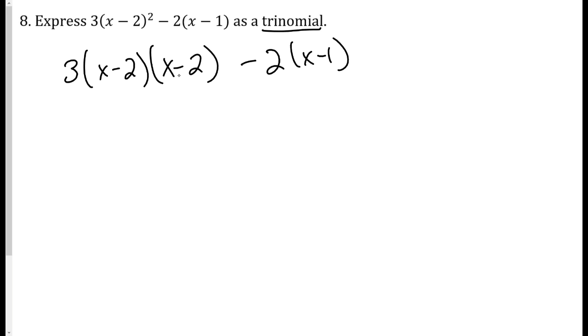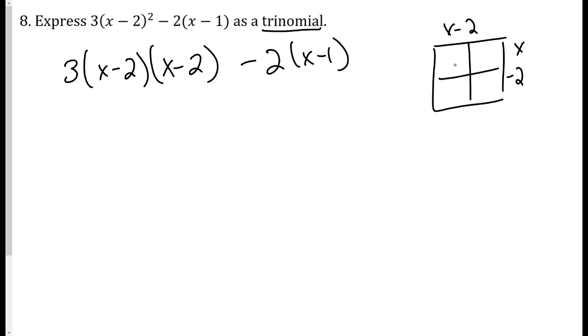So first let me find this product, and then I'll multiply it by 3. So x minus 2 times x minus 2. I get x squared minus 2x minus 2x plus 4. So it's 3 times x squared minus 4x plus 4. And then I'm not distributing a 2, I'm going to distribute a negative 2.